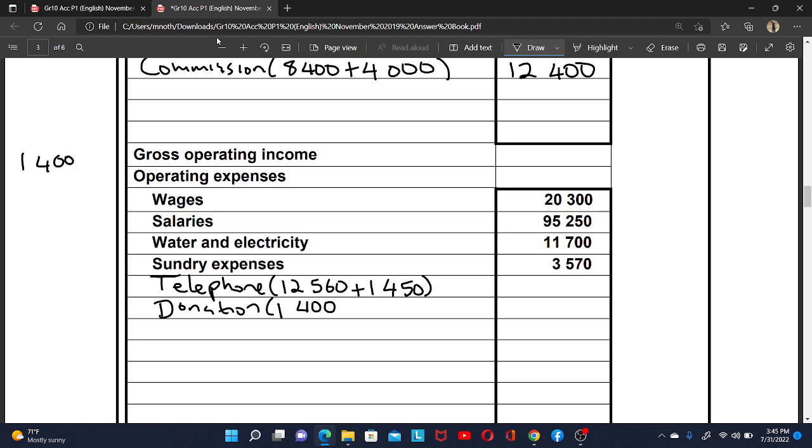So the cost price plus markup is equal to selling price. The markup is 75, so the cost price will always be 100. Cost price plus markup is equal to 175.